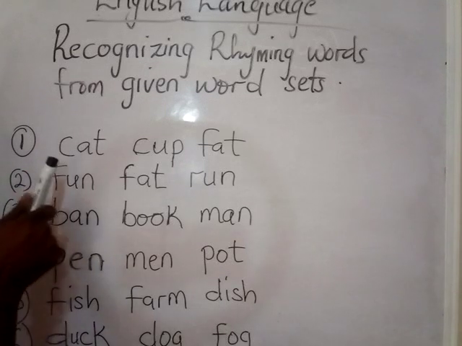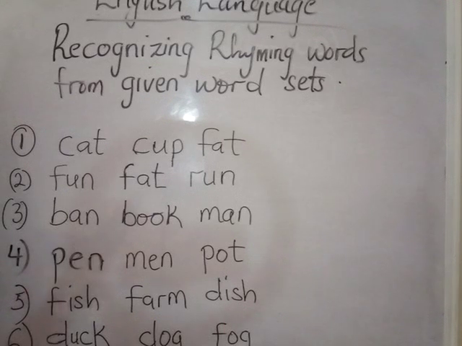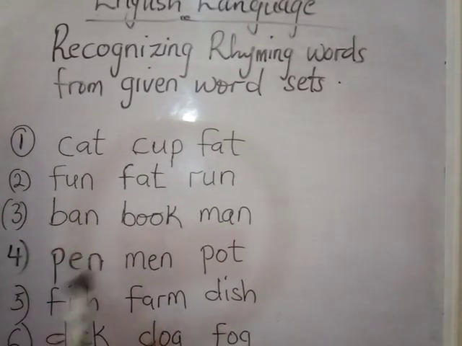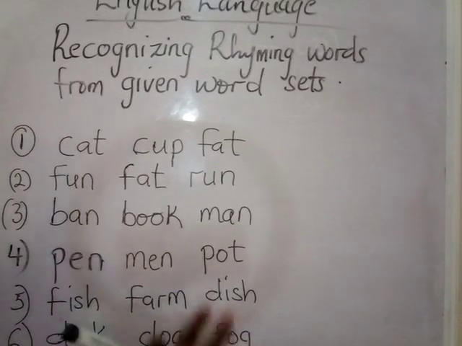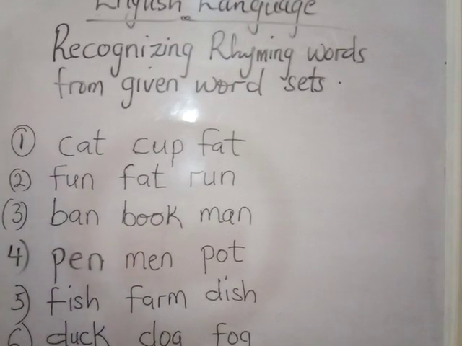When we are looking at rhyming words, we don't look at the beginning, we don't look at the middle, but we look at ending sounds. I just had to say it for the sake of longer words, in case you encounter them.